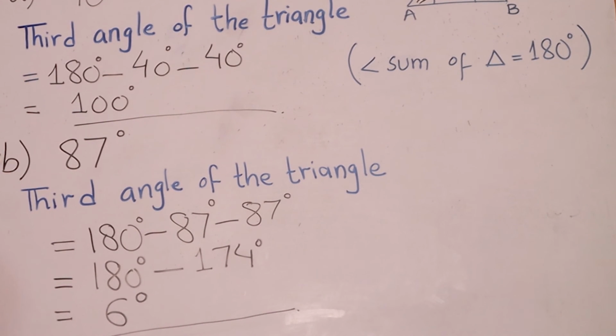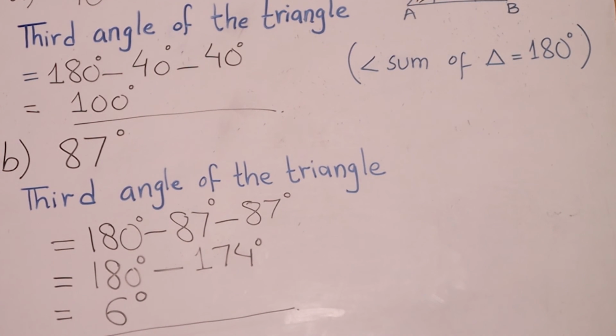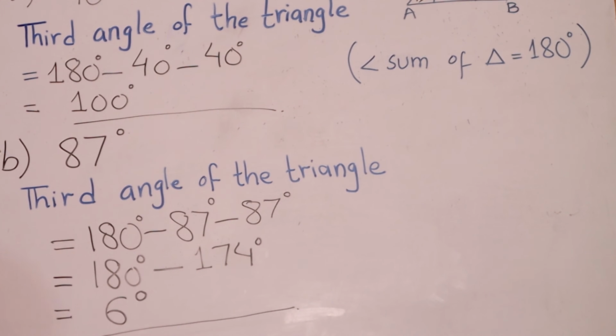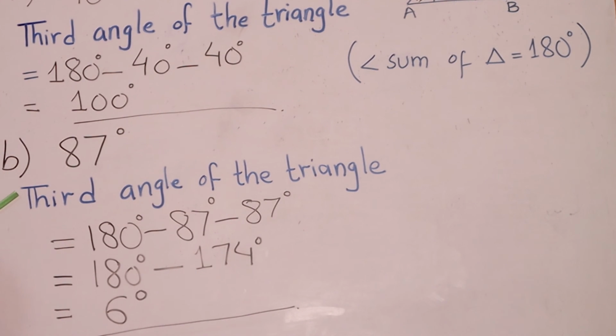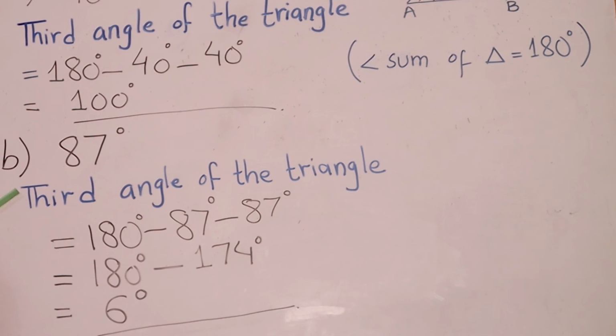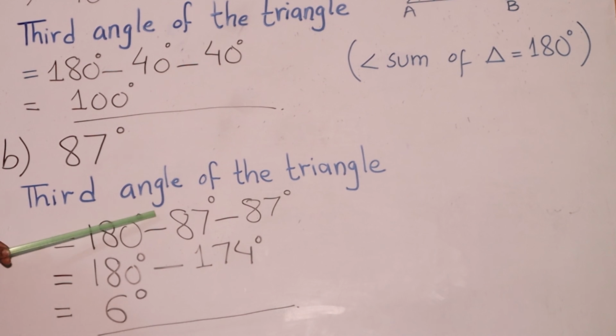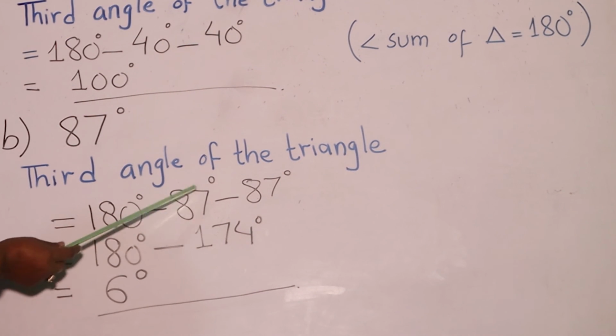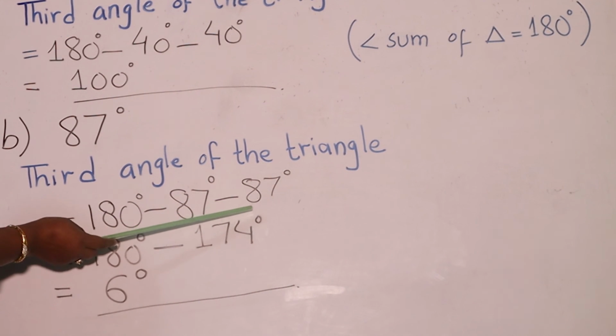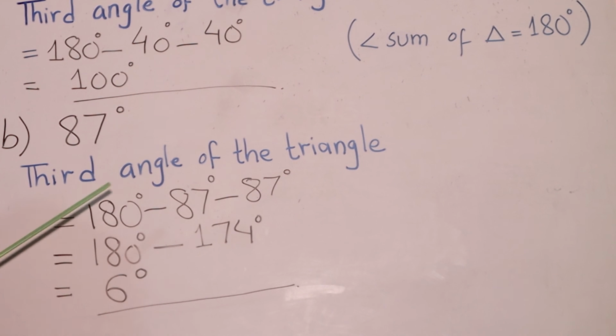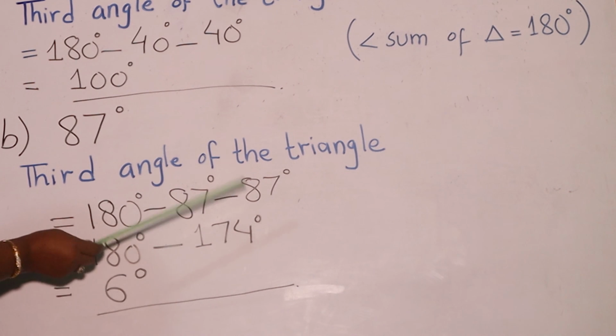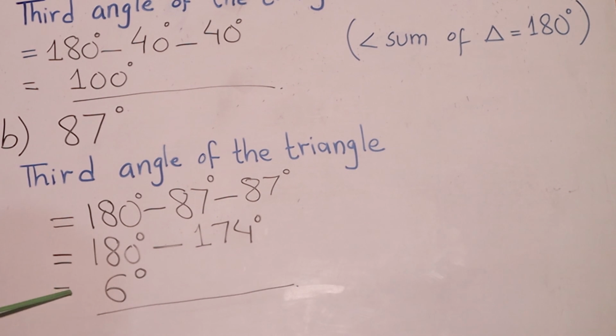It means that the two angles in the base are 87 degrees each. So, the third angle can be calculated by subtracting the first base angle 87 degrees and the second base angle 87 degrees from 180. We can write it as 180 degrees minus 174 degrees, and the answer is 6 degrees.